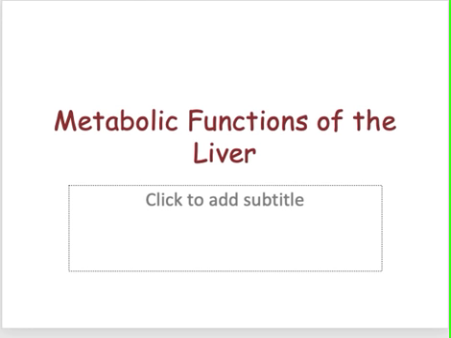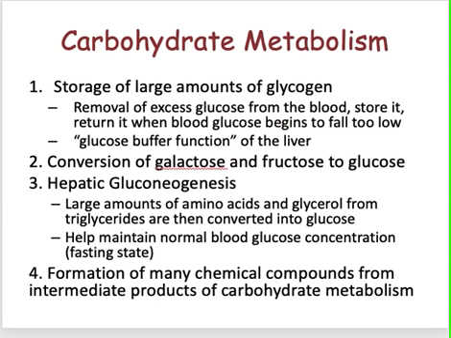A very important function also of the liver is the metabolic part. The metabolic function of the liver plays a major role in our body's metabolism. So first, we're going to discuss the role of the liver in carbohydrate metabolism. So the liver is one of the storage organs for large amounts of glycogen.